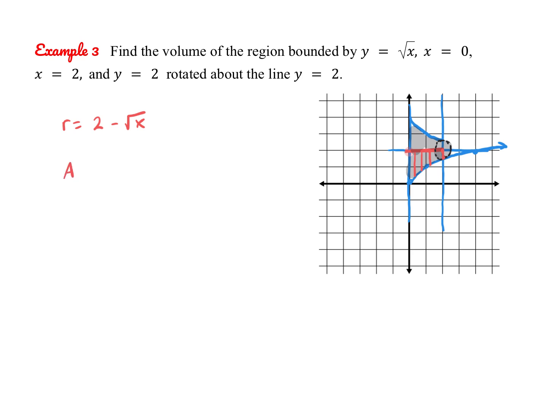So the area of each individual disk is going to be pi times this radius squared. And you can see that we're integrating from x equals 0 to x equals 2. So 0 to 2 of pi times (2 minus root x) squared dx.